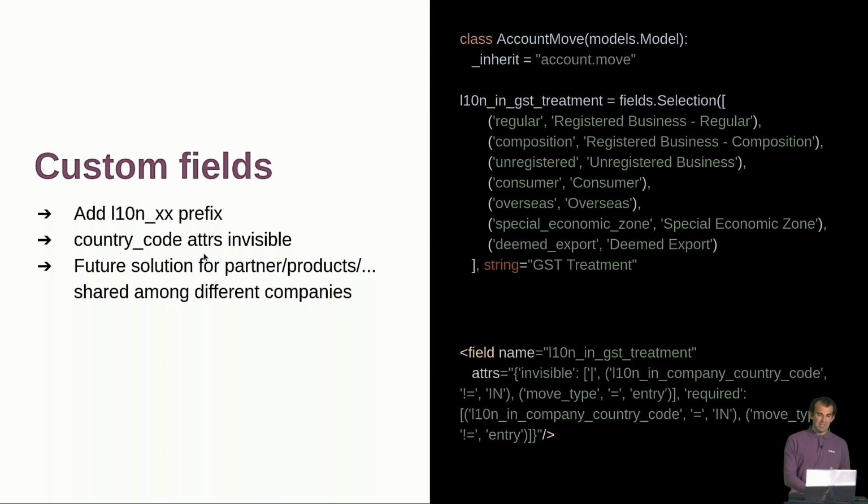That's why we add everywhere this country code and this attrs invisible. In the future, we are also thinking to do that on partners and products. It's more difficult there because the company ID is not required, and they are shared among the different companies in a multi-company environment. But we are talking to the people of the ORM to find a proper solution over there.